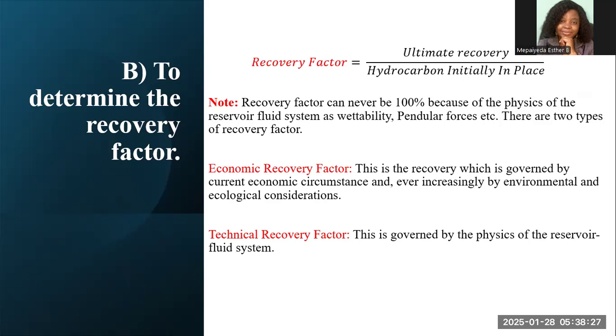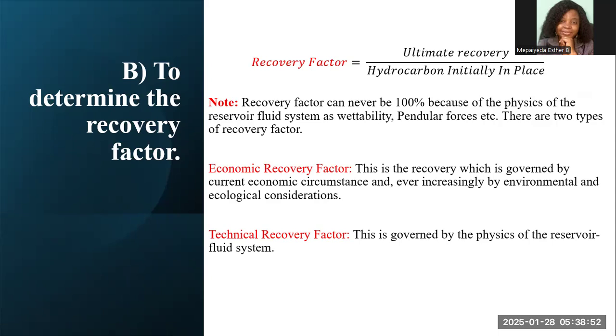It is quite impossible for you to produce everything from your reservoir. So the amount you can bring out from the subsurface over time as you produce is your ultimate recovery. And then the total hydrocarbon present in that reservoir is your hydrocarbon initially in place.